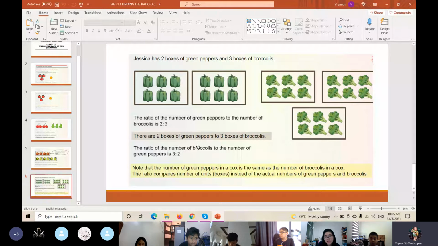6. No. Ratio of the number of green peppers to the number of broccolis. 3. Fiona, the answer should be in ratio. What is the ratio of the number of green peppers to the number of broccolis?